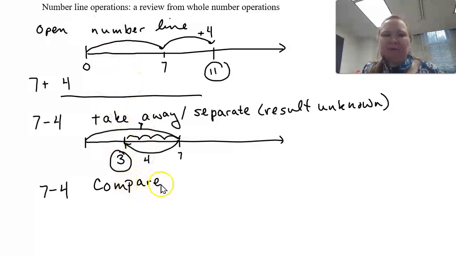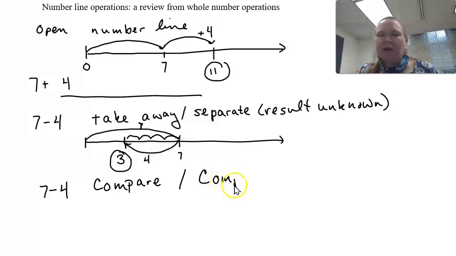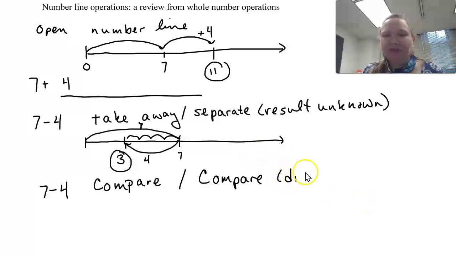So I'm going to say compare, and when I talk about the kind of word problem, it's going to be a compare, and I'm interested in knowing the difference. How much do those two values differ by? So this is a compare difference unknown.